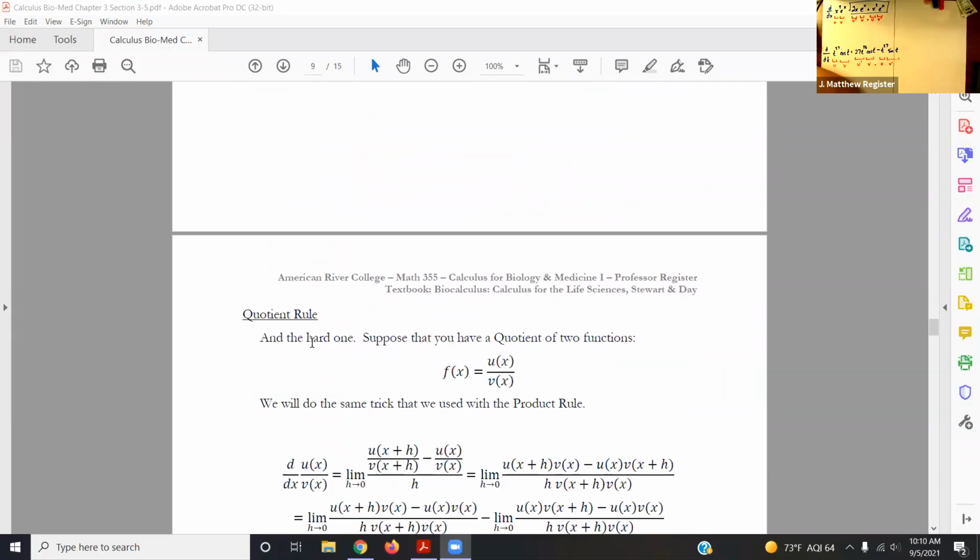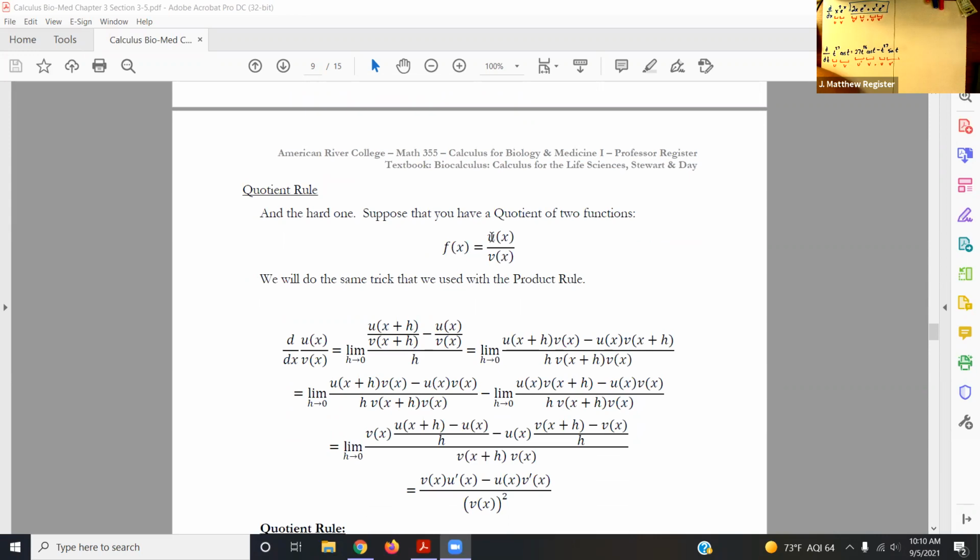For the quotient rule, though, which is the next one, the order very much does matter. Notice with this one, we have u of x and v of x. U of x is the top function, v of x is the bottom function. When we do this calculation, it's very similar to how we broke down the other one.